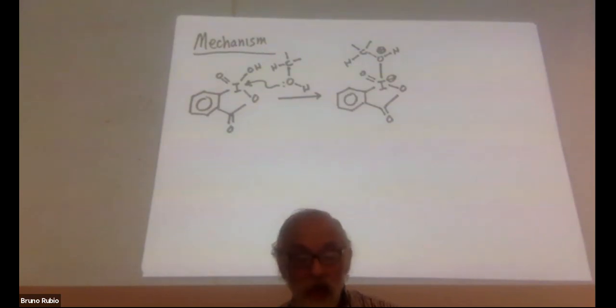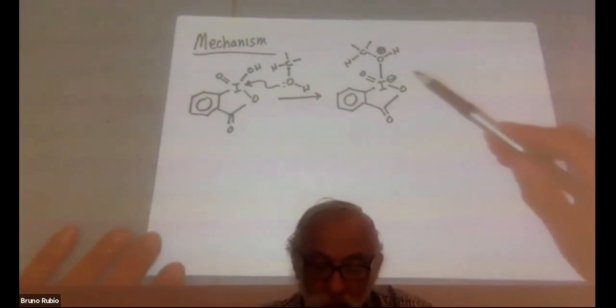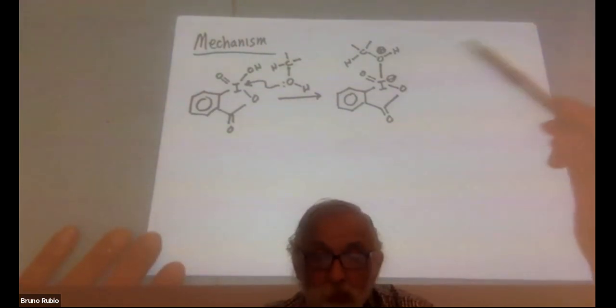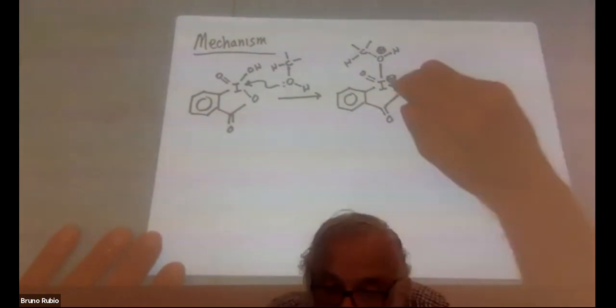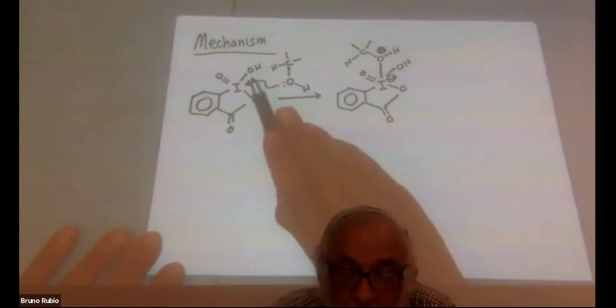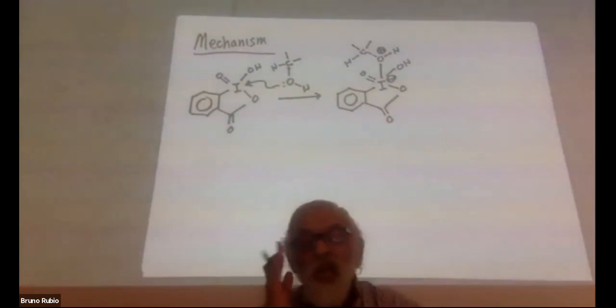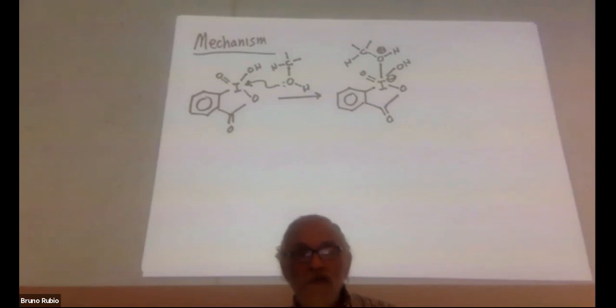Okay, now there is a lot of fiddling and diddling with protons. So this oxonium ion undergoes a deprotonation. Something's missing. This OH group that was on the iodine, I forgot to write it. All right, so now there's a lot of fiddling and diddling with protons.